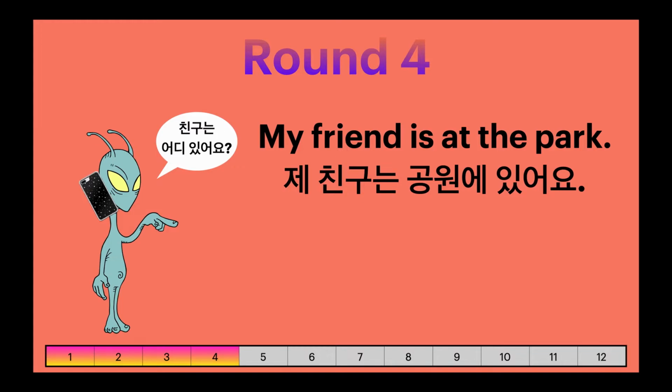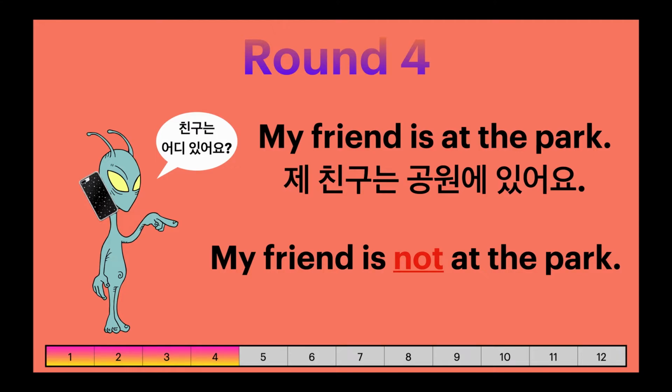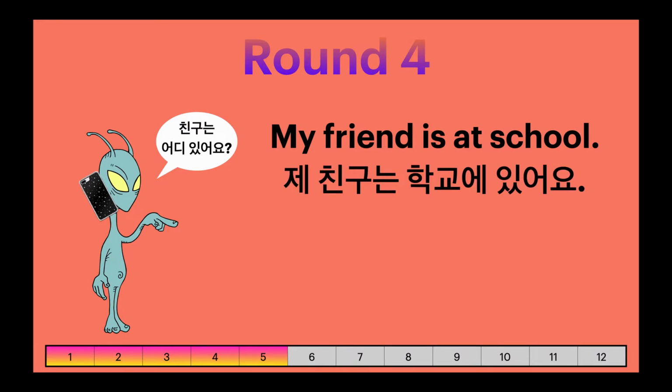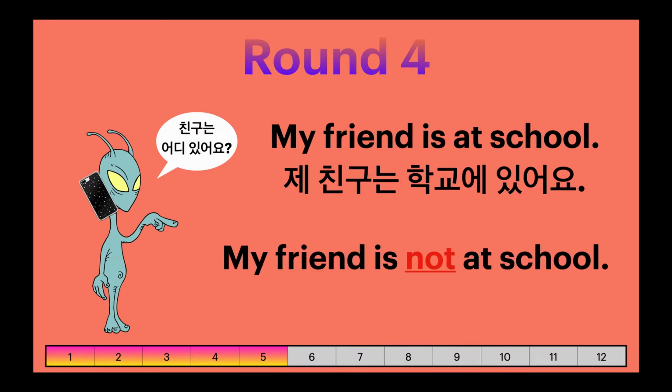Except let's go ahead and continue this game and say, just kidding, my friend is not at the park. 공원에 없어요. My friend is at school. 제 친구는 학교에 있어요. My friend is not at school. 학교에 없어요.